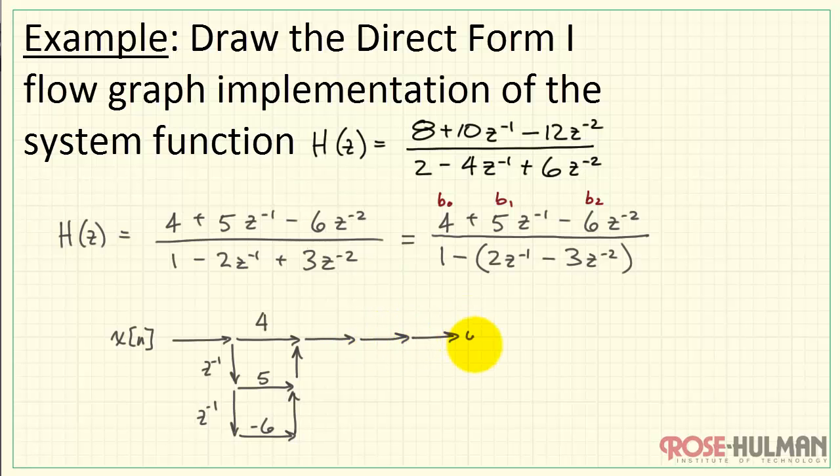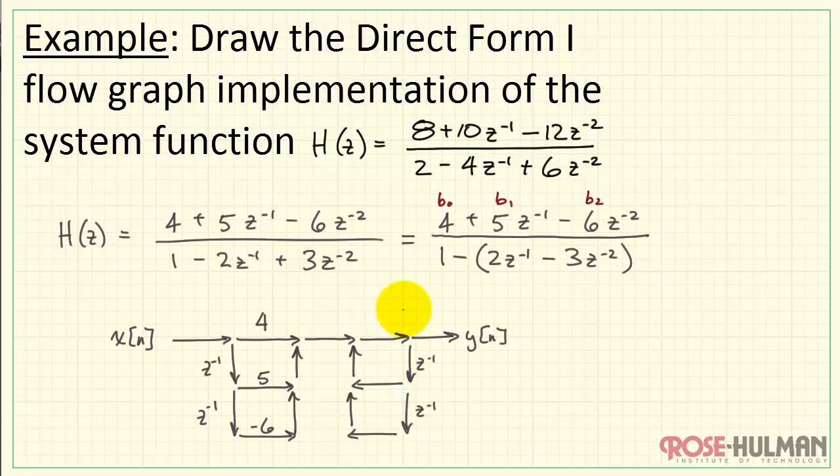That takes care of the so-called forward coefficients. Then I continue by putting down the reverse coefficients. I need another pair of delay elements, and then the a coefficients feed back and then sum together right here.